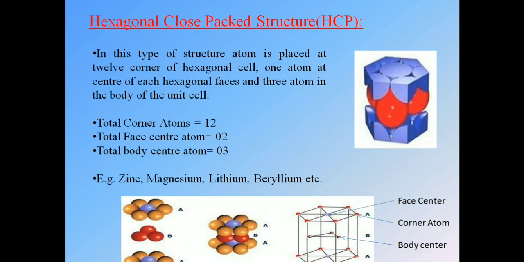And if I calculate the body centered atoms, then we have only 3 inside the body. That is, the total body centered atoms will be 3. Are you getting it or not? So here we have a total of corner atoms 12, face centered atoms 2, body centered atoms 3. The examples are zinc, magnesium, lithium, and beryllium.